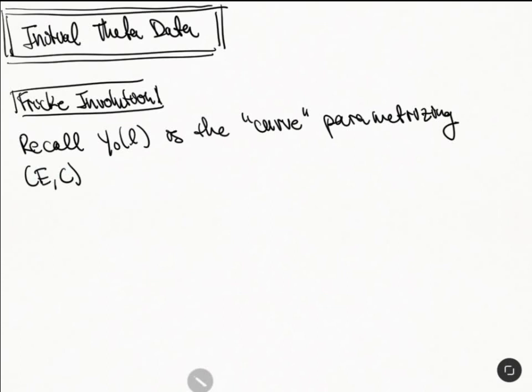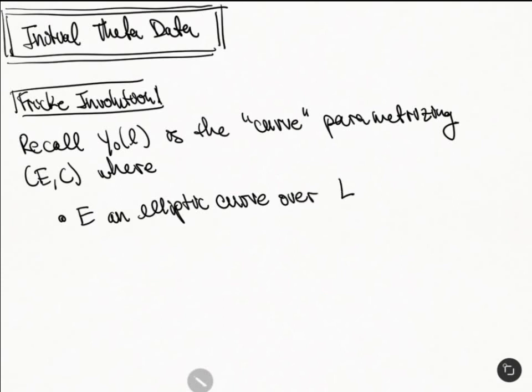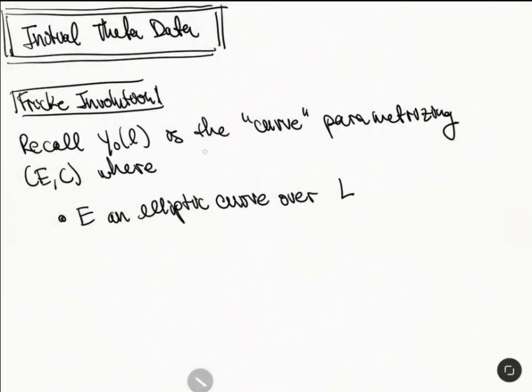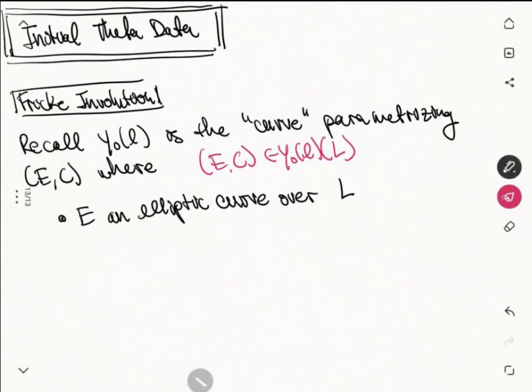Okay, where these are going to be L points, where E is an elliptic curve over L. So here we're taking (E, C) in Y_0(L)(L).